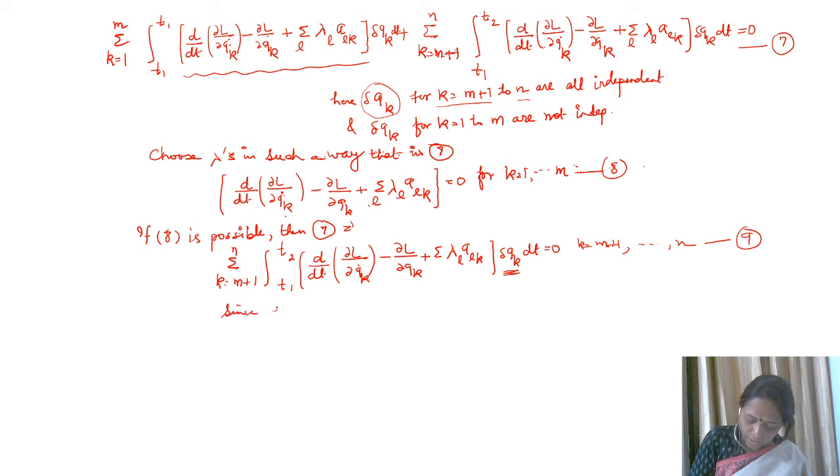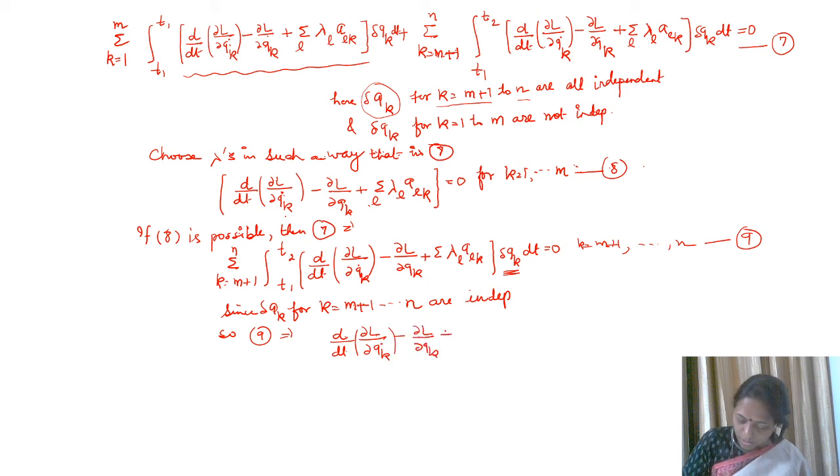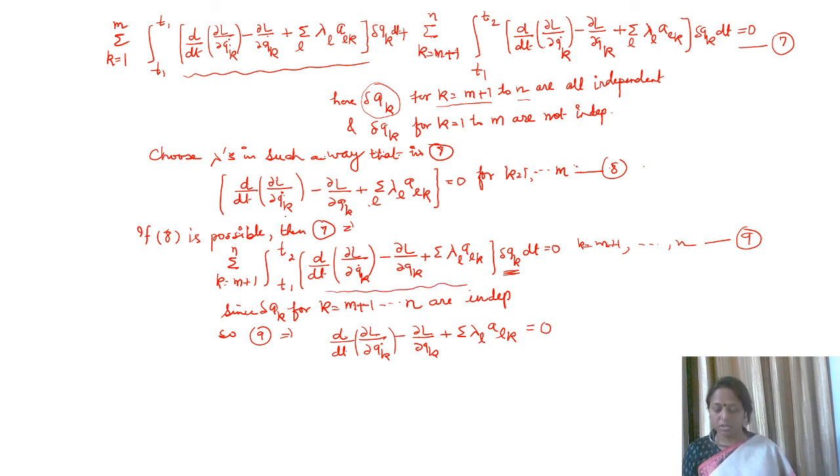Since delta qk for k equal to m plus 1 to n are independent, so 9 implies d/dt of ∂L/∂qk dot minus ∂L/∂qk plus summation lambda_l a_lk is 0. This integrand has to be 0.